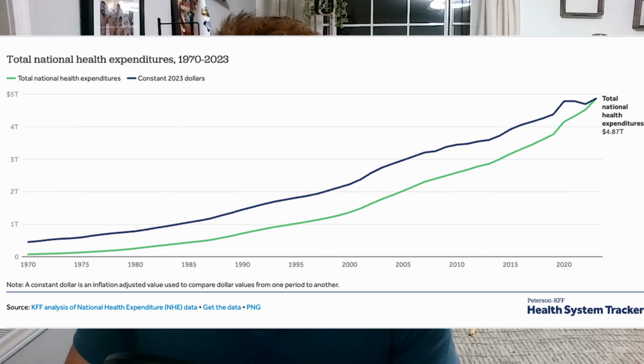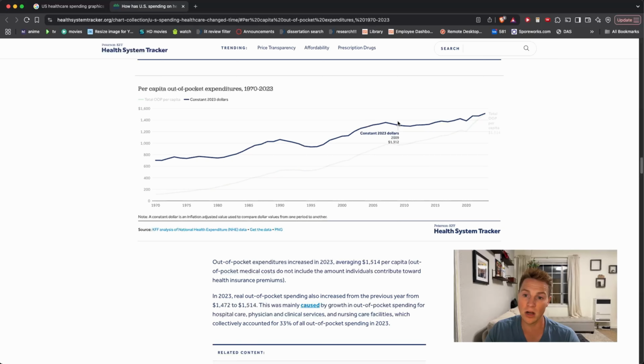This is interesting. Per capita out-of-pocket expenditures. So this is how much you as the consumer are paying per person. So it doesn't matter how big the United States is. What matters is that this is how much it costs the average person across the United States. And that just keeps going up. Constant 2023 dollars.